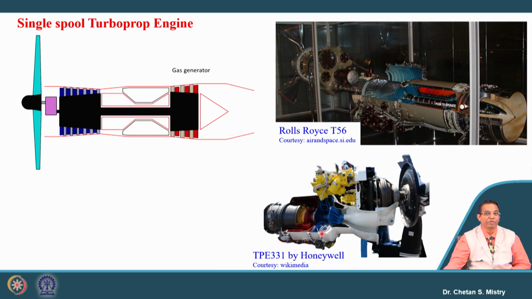This centrifugal compressor supplies the compressed air to the combustion chamber, and here we have two turbine stages. These turbine stages are connected with the compressor as well as the gearbox, and this gearbox is connected with our shaft.